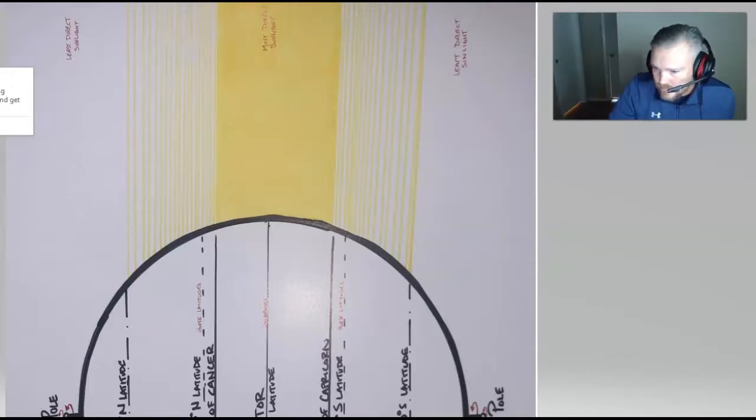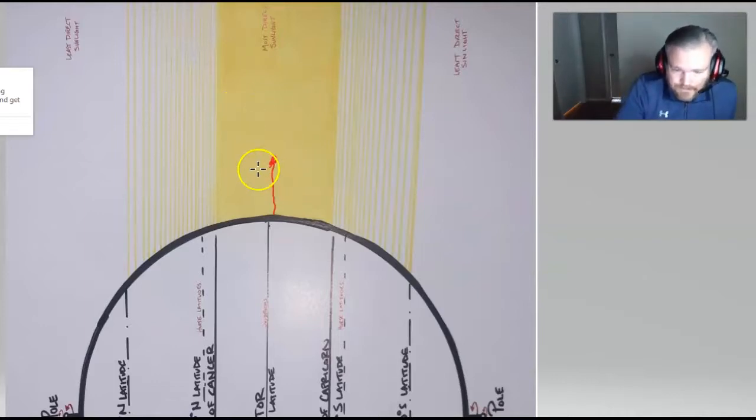Okay, so remember we talked last time, the air at the equator is rising, right? So we've got rising air there, and then let me switch this to blue. Then we'll have sinking air here, right?